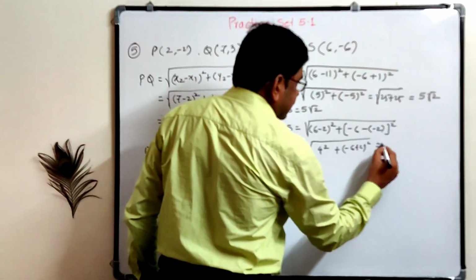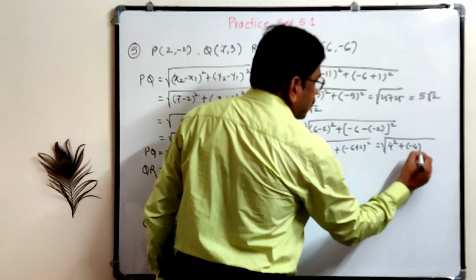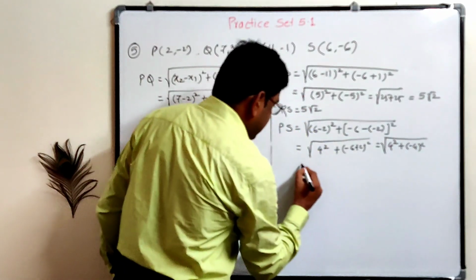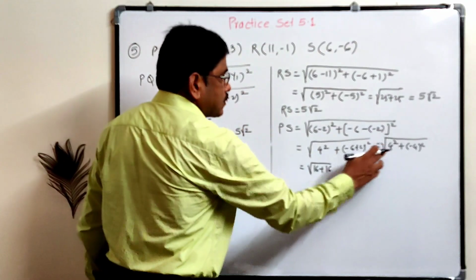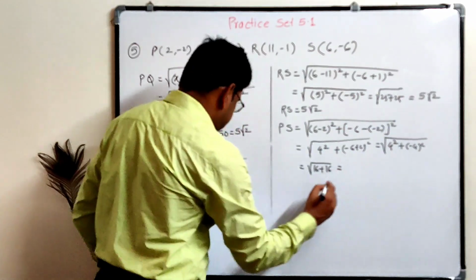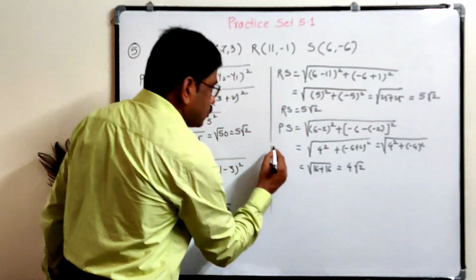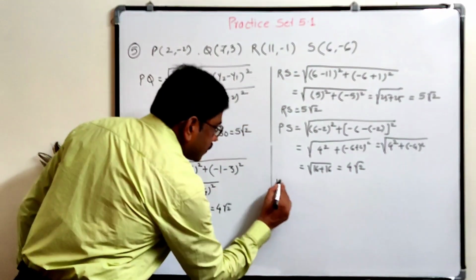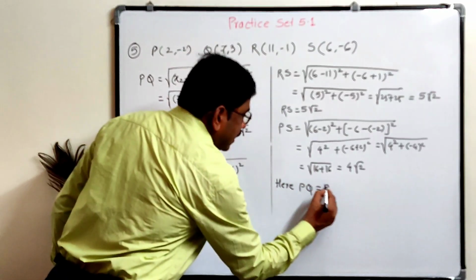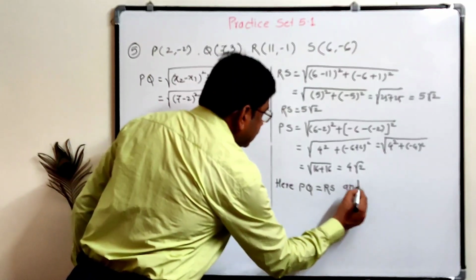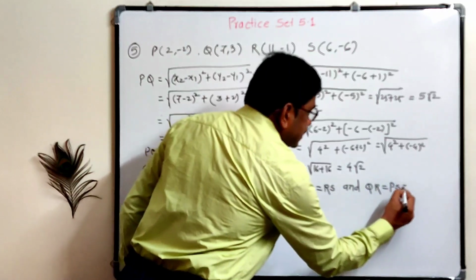So here we get 4 square and plus minus 4 square. So again root 16 plus 16. 4 square 16, minus 4 square is again 16. Same answer, 4 root 2. So PS is 4 root 2. PQ is equal to RS and QR is equal to PS is equal to 4 root 2.